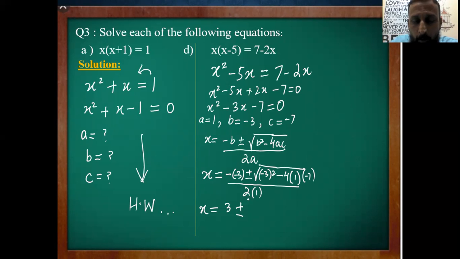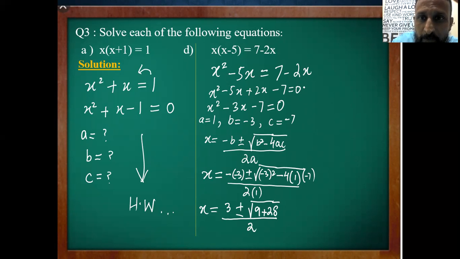the square of negative 3 is 9, and what do we need to do after this? Negative 4 into 1 is negative 4, negative 4 into negative 7 is positive 28. 9 plus positive 28, whole upon 2.